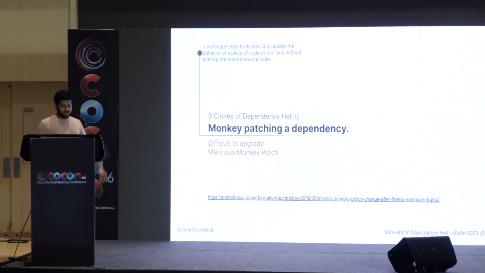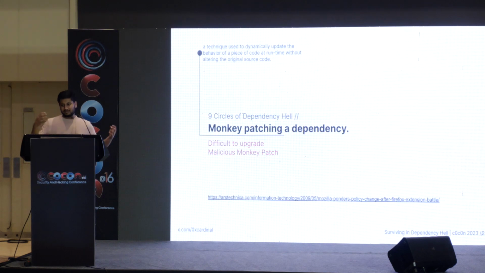What monkey patching is, we create code that changes the behavior of the dependency at runtime. By definition, it is a technique used to dynamically update the behavior of a piece of code at runtime without altering the original source code. So that's monkey patching.